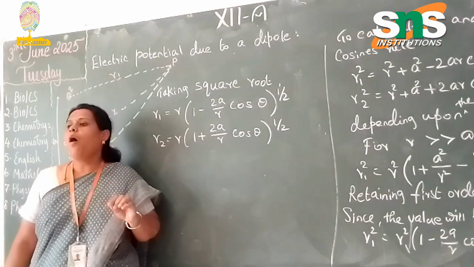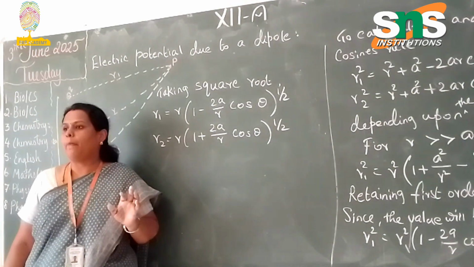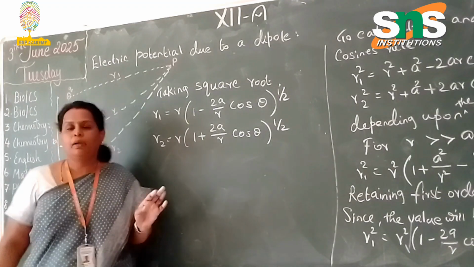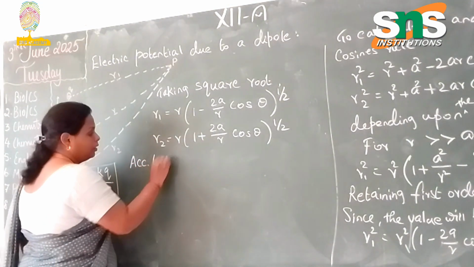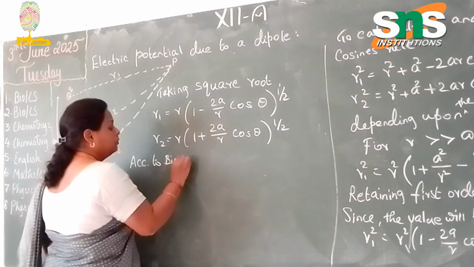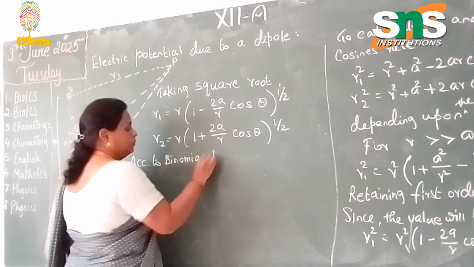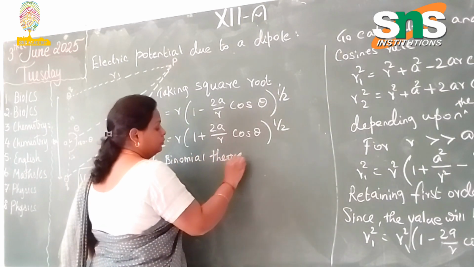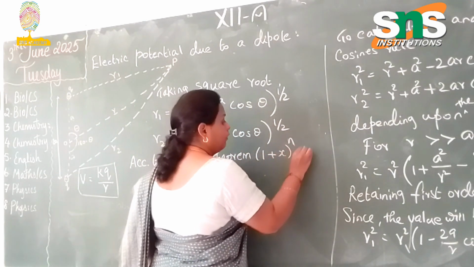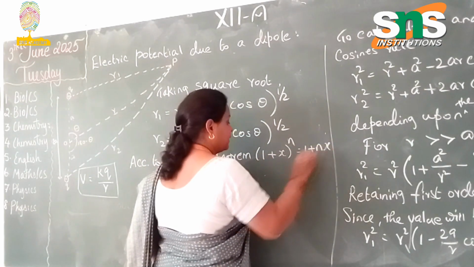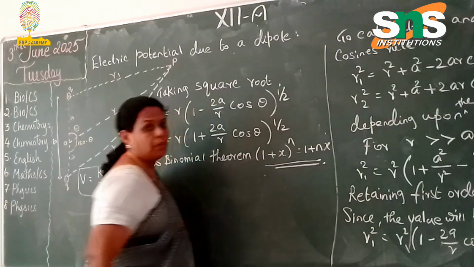Now I am going to apply the binomial theorem. According to the binomial theorem, we know 1 plus x power n equal to 1 plus nx. We are going to apply this formula.